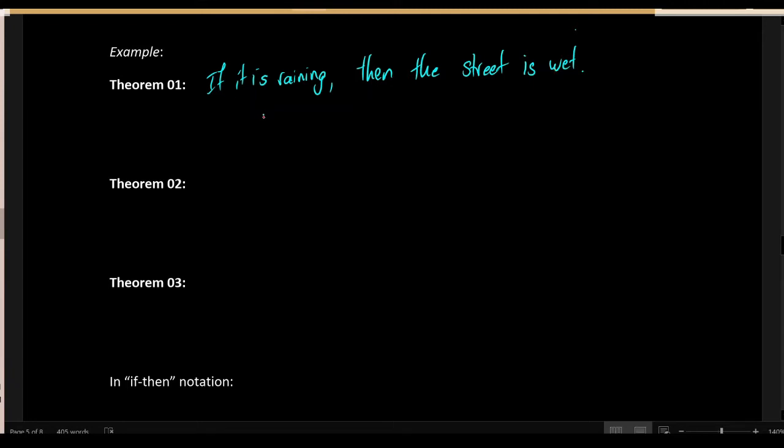So the hypothesis in this case, the condition that must be satisfied in order for us to even consider this theorem, is it is raining. And in that situation, if that is true, then one can make the conclusion that the street's going to be wet.